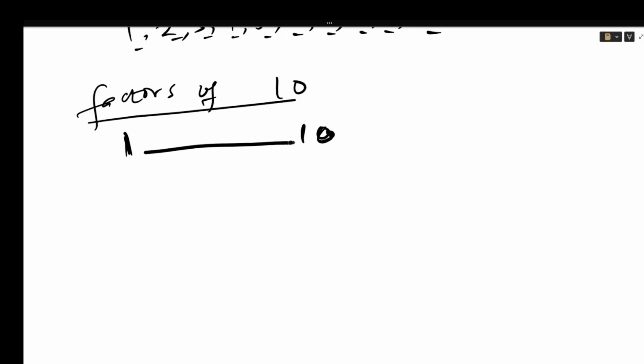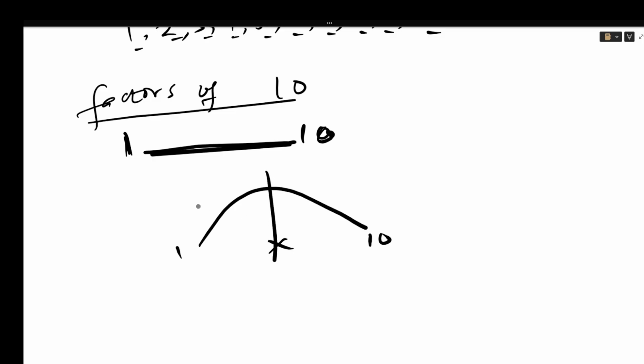Factors of 10, where now we know that 1 and 10 are always the factors of a number. And here our number we are talking of is 10. So that means 1 and 10 will always be factors of 10. Now, what we are interested in is to find the middle numbers. So if we have our curve, we have 1 and 10, and when we multiply, we get 10.